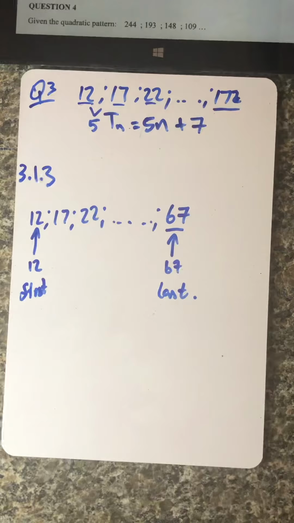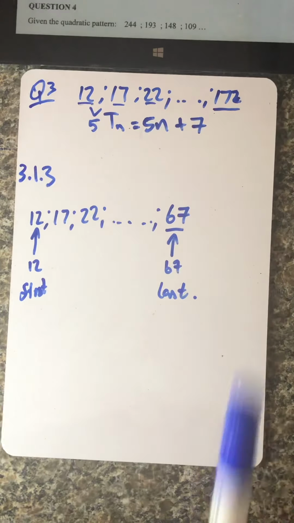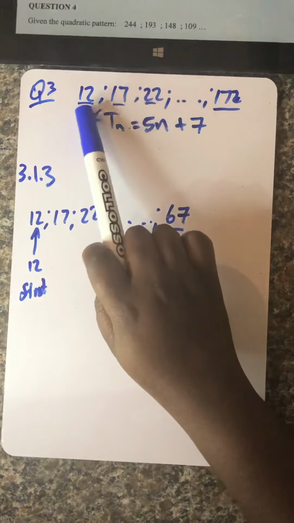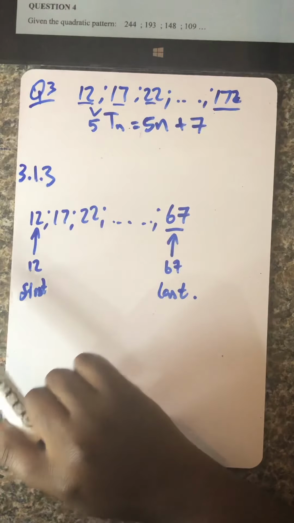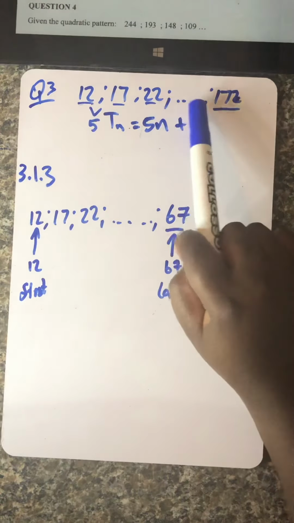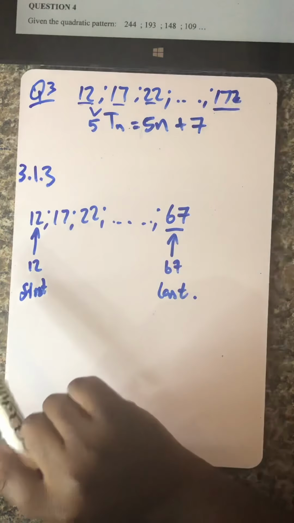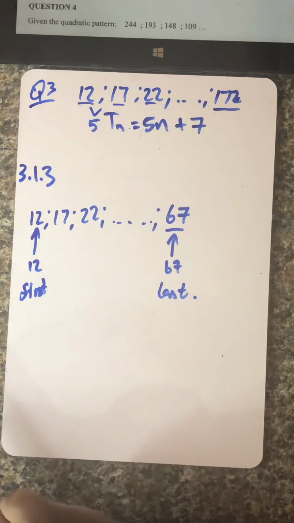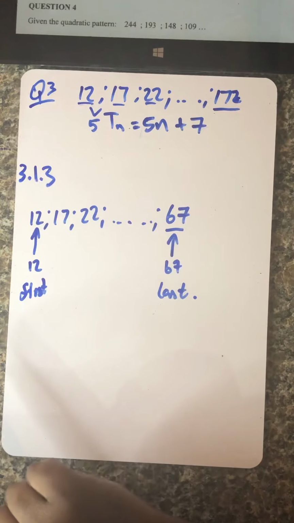Okay, very, very much important, guys. So that means for this kind of terms where they just give you the first few numbers of the sequence and they give you the last number, you are most likely to be asked to determine the number of terms in the pattern.